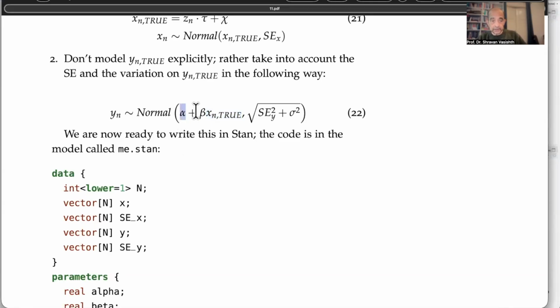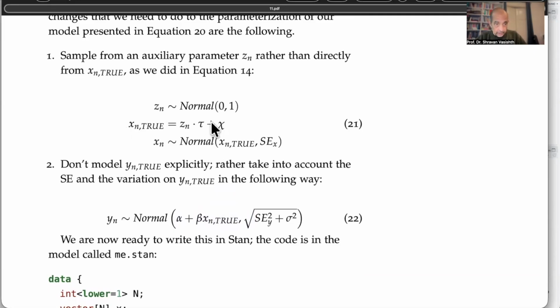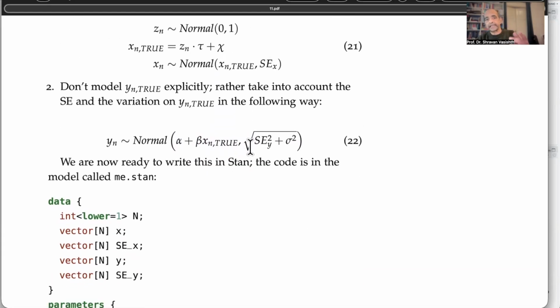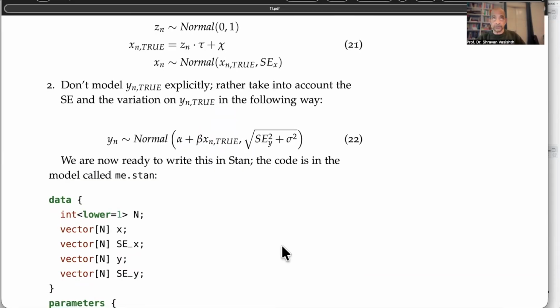So there's the intercept and the slope, but the predictor is the true unknown PCU scores that I'm getting via the non-centered parameterization. That's important for the Stan model to converge. And just like in the meta-analysis, we have the standard deviation being the sum of two random variables here. So we are never going to model the y true values, the zeta n equivalents, in this situation.